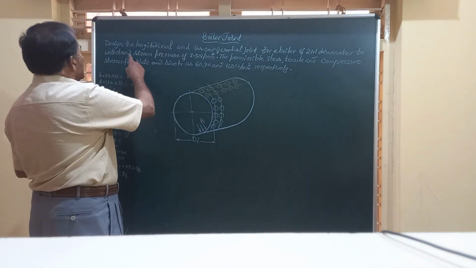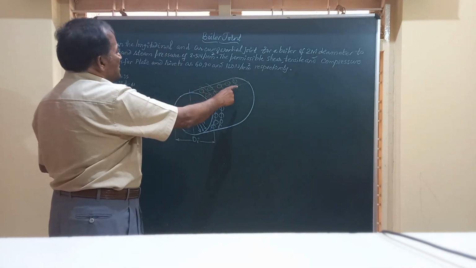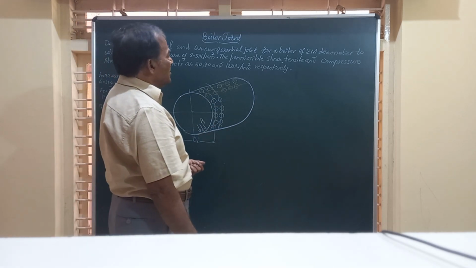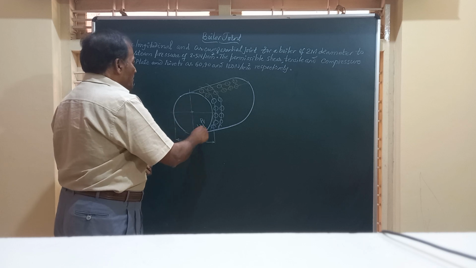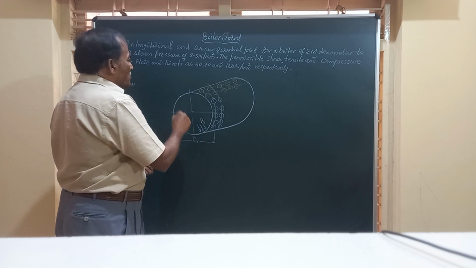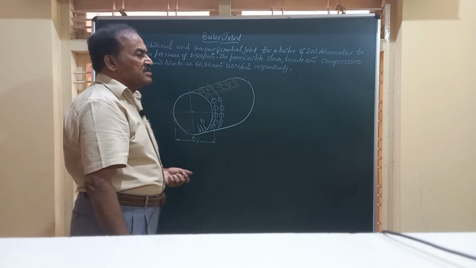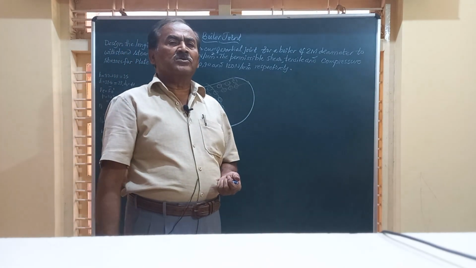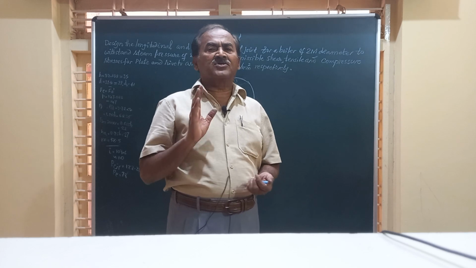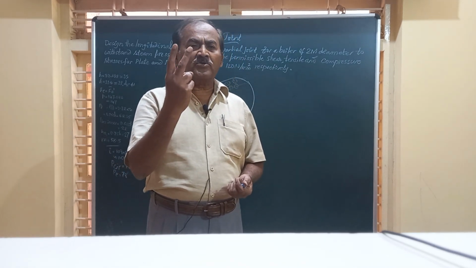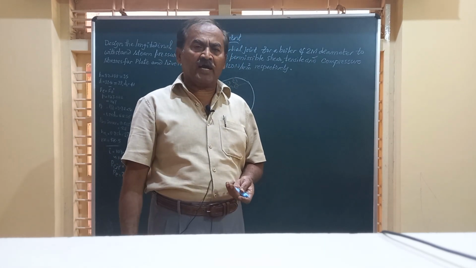Friends, we have been asked to design the longitudinal and circumferential joint for a boiler, given the diameter of the boiler and the pressure inside the cylinder. So in the design of a boiler joint, we are required to design two different joints.